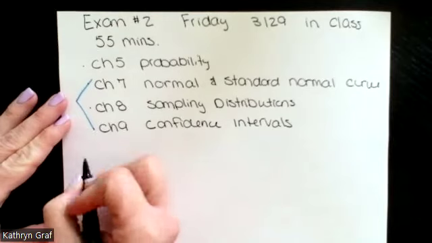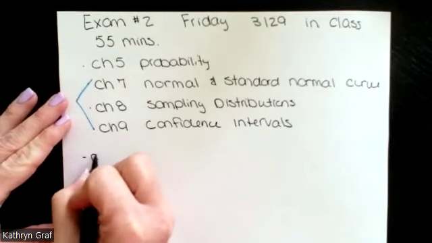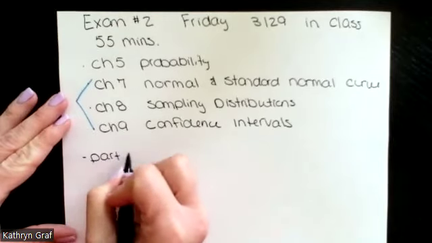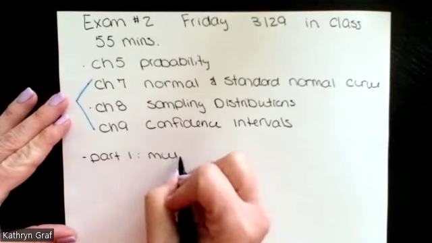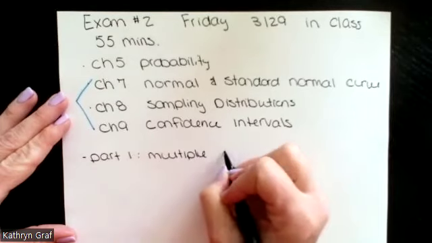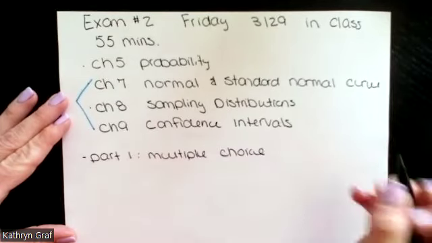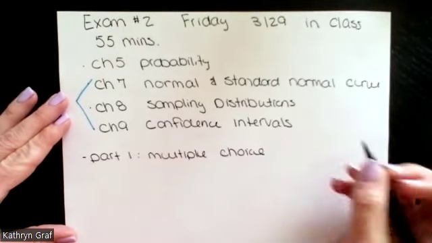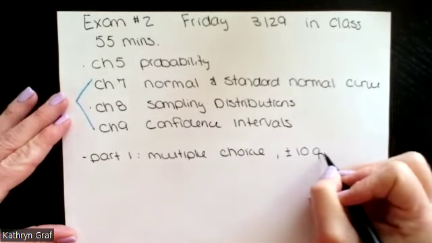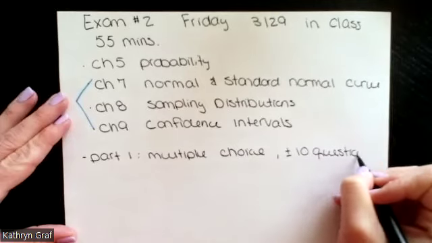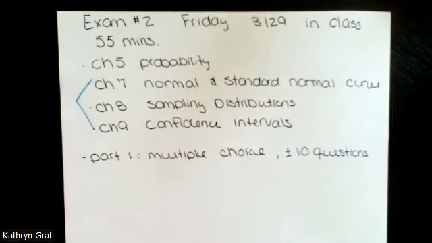So this exam will have 2 parts, just like exam 1. So part 1 will be the multiple choice section. And I'm guessing, I haven't made it yet, around 10 questions. So I'll say plus or minus 10 questions. So it gives me a little leeway there.